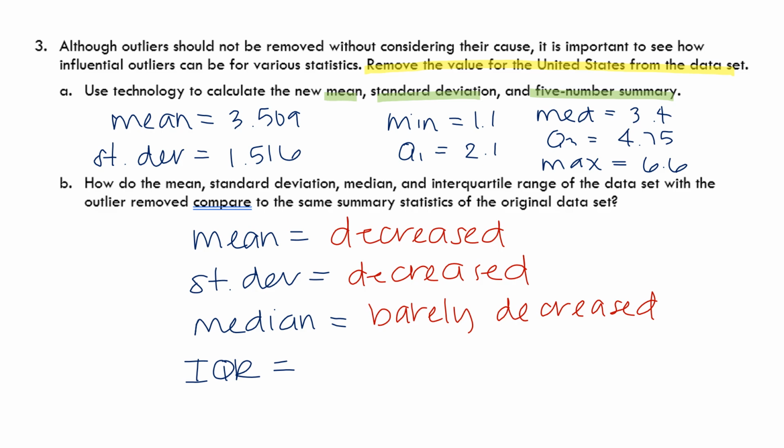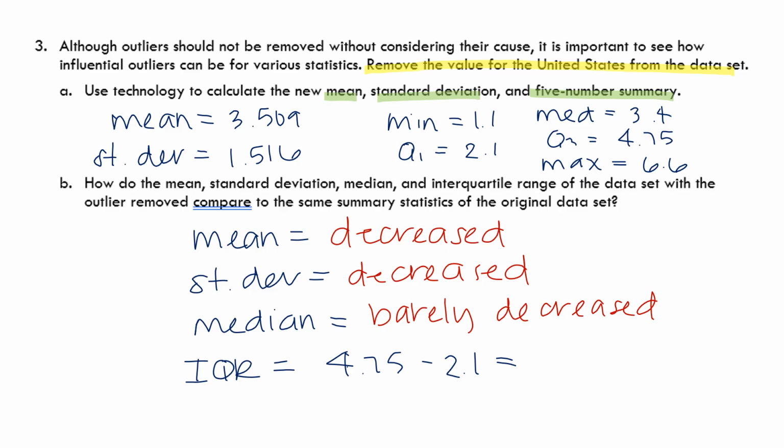Same thing if I were to look at the IQR. The IQR for this data would be 4.75 minus 2.1. You always kind of have to calculate the IQR. It's a little bit harder to determine if the IQR has increased or decreased just by looking at the 5-number summary. You might be able to use some intuition, but overall, you're going to have to type things in and do some math.